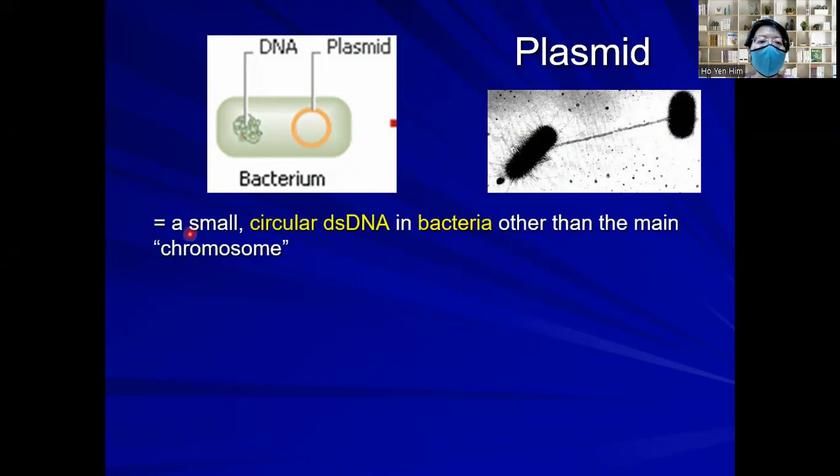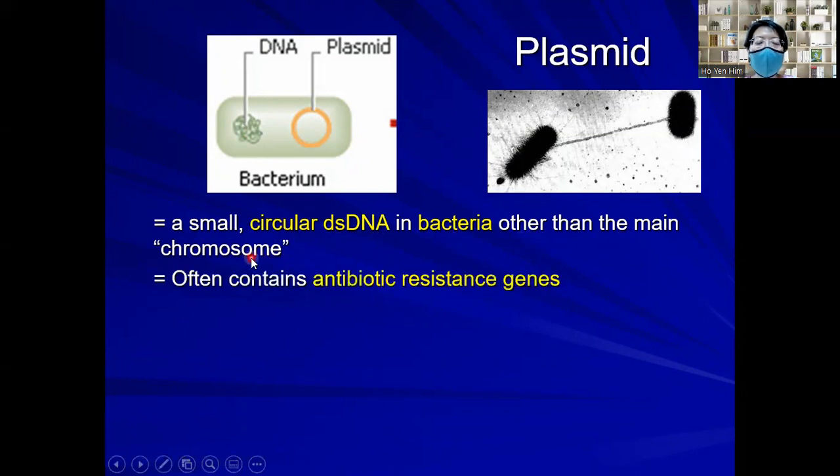Now, the definition: a plasmid is a small, circular, double-stranded DNA in the bacteria, other than the main DNA, which is called the chromosome. And usually when they say a bacteria is antibiotic resistant, it's because its plasmid is carrying antibiotic resistance genes. Those genes are usually carried in the plasmid.